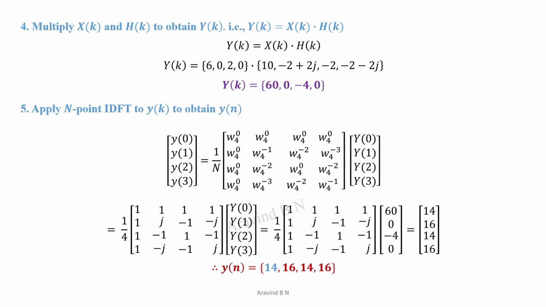The last step, apply N-point IDFT to Y of k to obtain y of n. So we are applying the inverse transform over here to Y of k, and finally we are obtaining the result y of n is equal to 14, 16, 14, 16. And remember, in all the sequences we are going to have first element itself as the origin, including the input as well as the output.